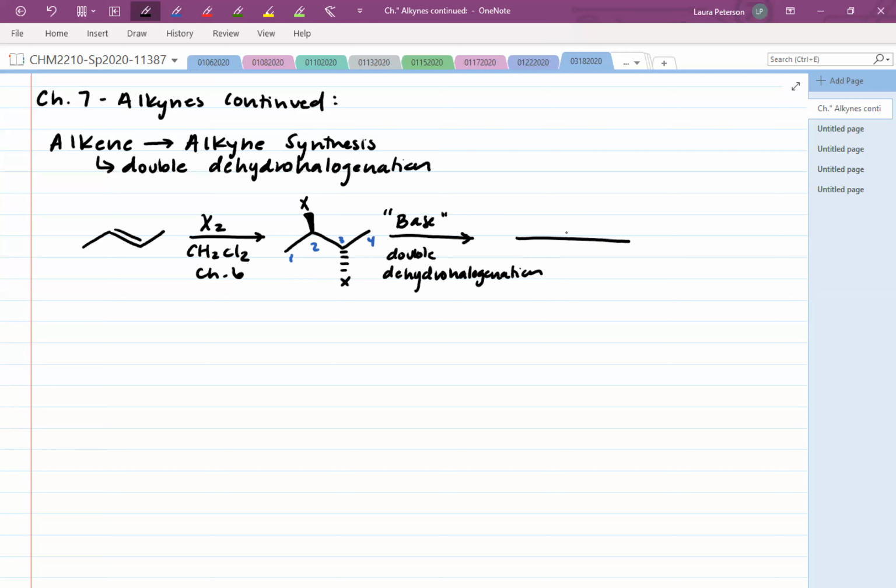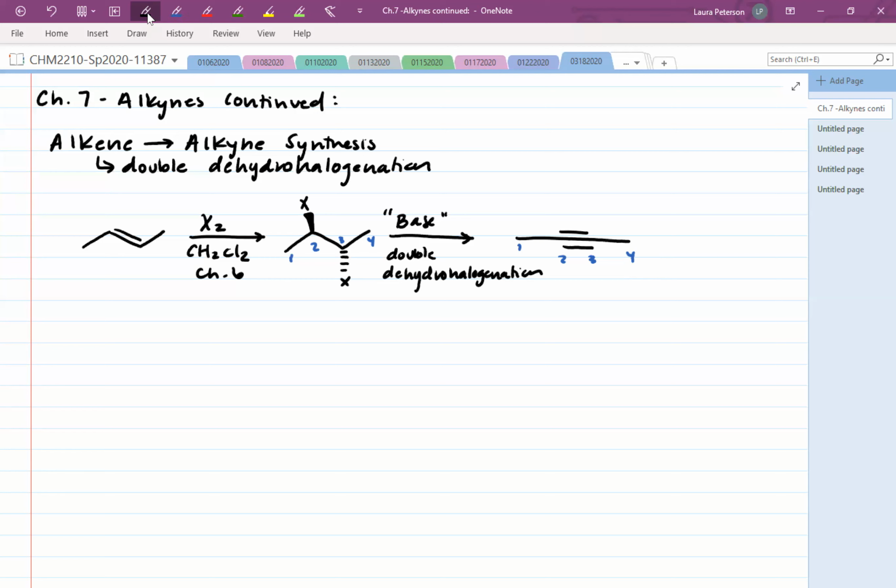The product of this reaction is our alkyne. Specifically in this example, carbons 2 and 3 are the 2 carbons that were bound to the halogens, and those are the 2 carbons that are going to end up being part of the triple bond in the product following dehydrohalogenation.